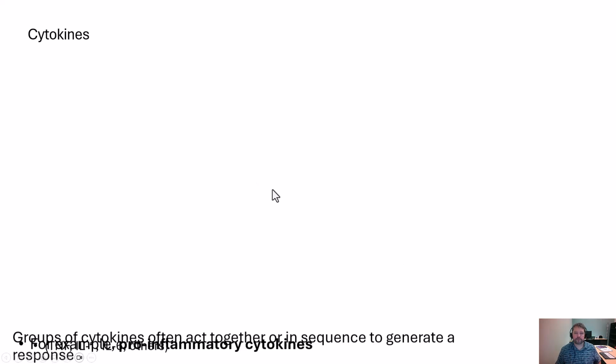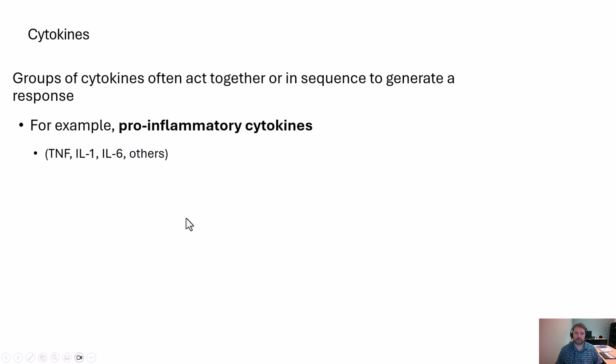Cytokines are often grouped by what kind of response is going to be given. For example, tumor necrosis factor is what we call a pro-inflammatory cytokine. When tumor necrosis factor is detected, the body will send more fluid and more blood cells, both red and white, and platelets to that region.